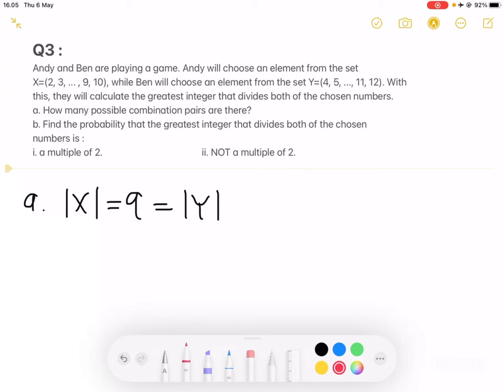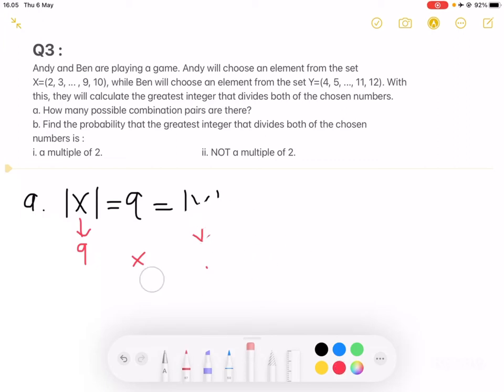Notice that we choose exactly one element from X, so we have 9 possible choices. Same thing for Y, we have 9 possible ways to choose. So the number of combination pairs will be 9 times 9, which will be 81.